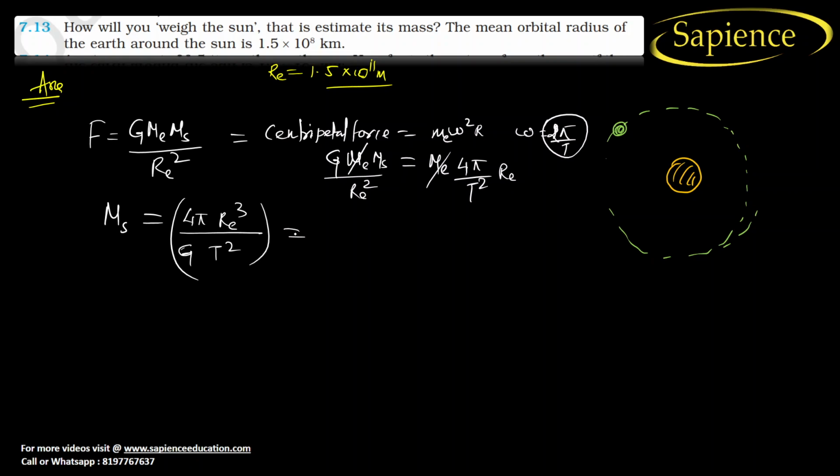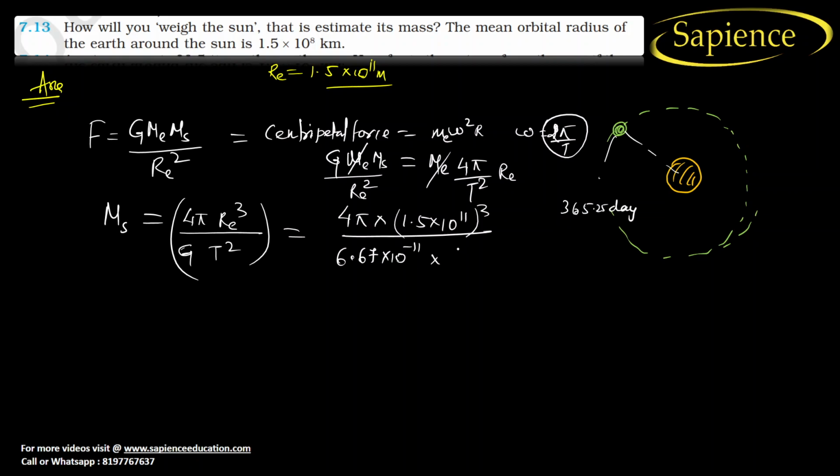Now we need to put in each and every value so that we can get the perfect answer. So this is 4 pi square into the orbital radius, 1.5 into 10 power 11 whole cube, divided by G. What is the value of G? G has a value 6.67 into 10 power minus 11, into time period squared. Our Earth has a time period of about 365.25 days.